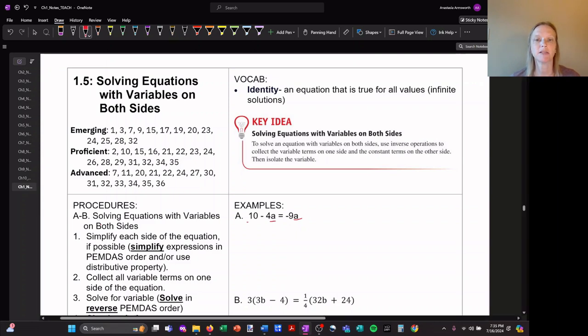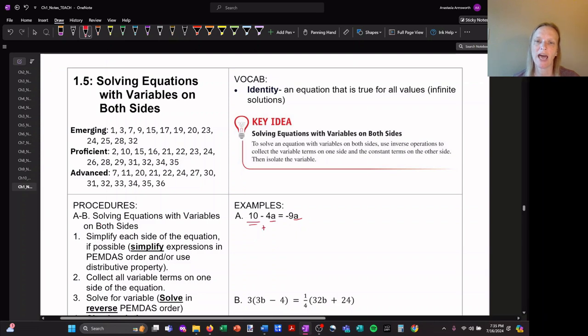In this case, because there's a 10 on the left side, as well as the minus 4a, I'd rather collect my a's on the right side of the equation so that the 10 is not on the same side as the a's, just to save myself an extra step later on. It's not wrong to collect the a's on the left side. You'll just, in this example, end up with another step to do afterwards.